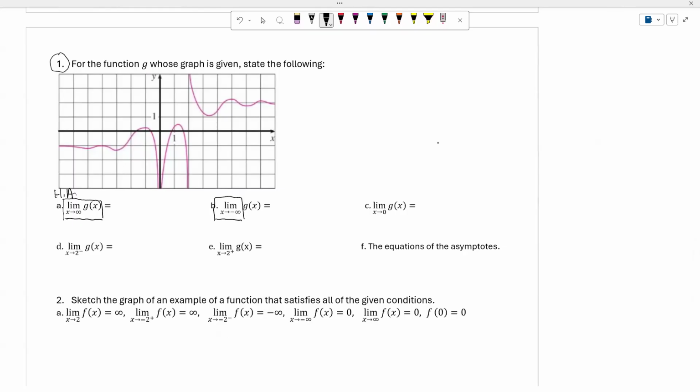As x goes to infinity, as x gets bigger and bigger, the function g is getting closer and closer to the line y equal to 2. So we could say that the limit as x approaches infinity of g of x equals 2. Now try to pause the video and see if you could finish the rest of the problem.